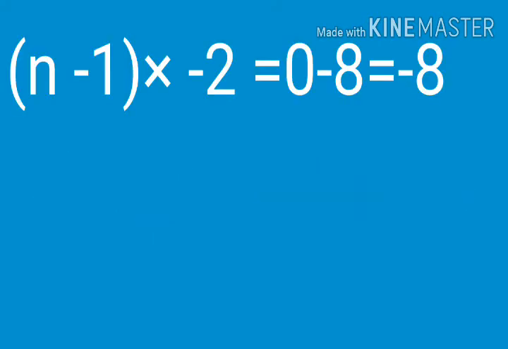So 8 we can transpose, then we will get n minus 1 into negative 2 equal negative 8. Then n minus 1 equal negative 8 by negative 2. That is equal 4. Then n minus 1 equal 4. So n equal 4 plus 1, that is equal 5.